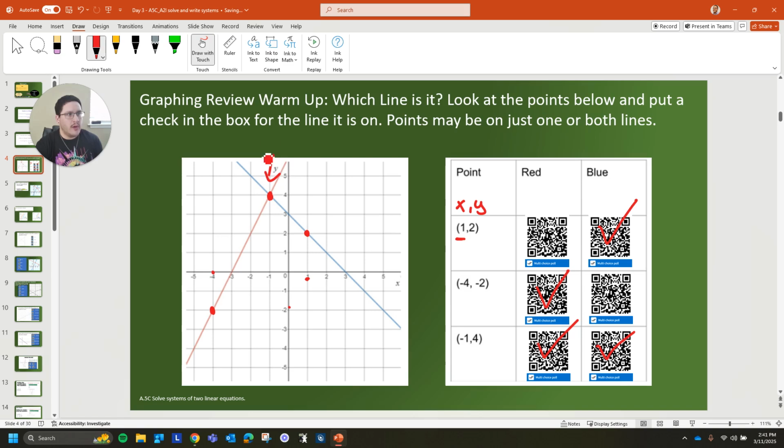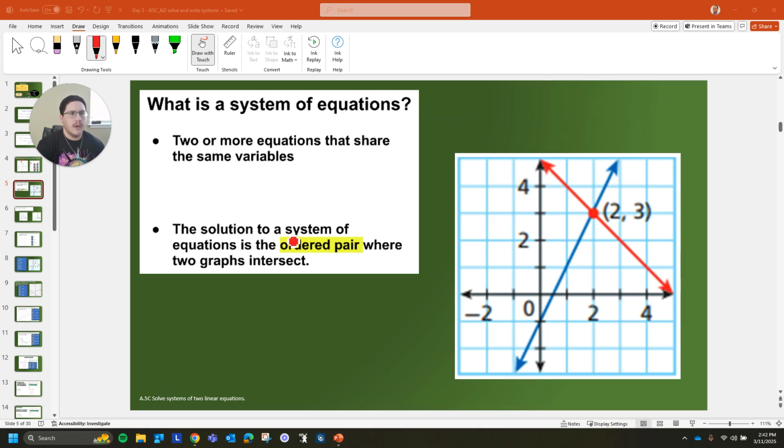This is what we call a solution. This solution involves two different equations where they cross each other. So that's what we call the solution to the system of equations, where they're equal to each other at that particular moment. What is a system of equations? A system of equations is two or more equations that share the same variables.